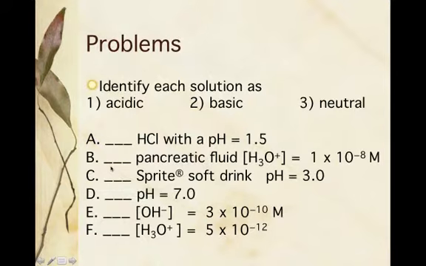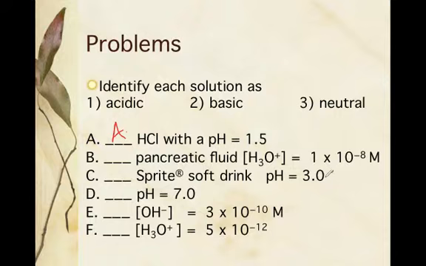Okay, first we're going to identify if it is acidic, basic, or neutral. Acidic. So the first one, acidic. Pancreatic fluid, super acidic. This is less than 1 times 10 to the negative 8th, right?